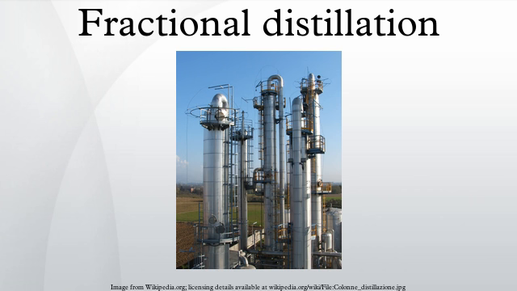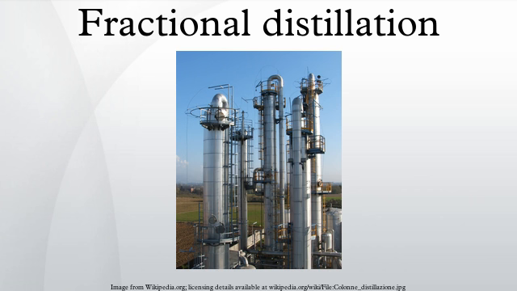Some mixtures form azeotropes, where the mixture boils at a lower temperature than either component. In this example, a mixture of 96% ethanol and 4% water boils at 78.2 degrees Celsius. The mixture is more volatile than pure ethanol. For this reason, ethanol cannot be completely purified by direct fractional distillation of ethanol-water mixtures.